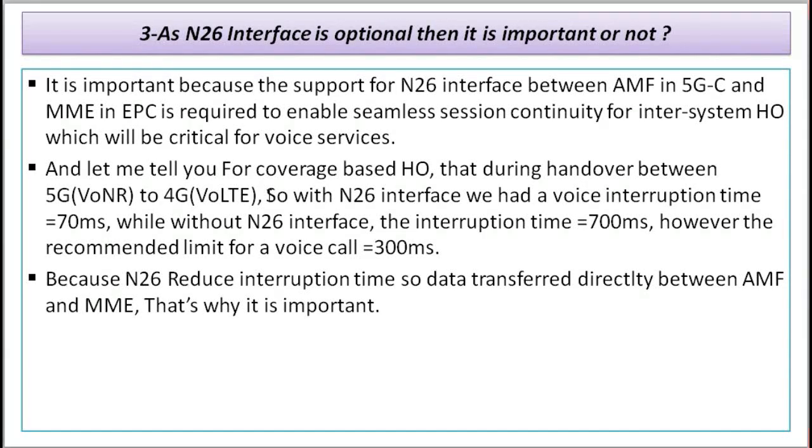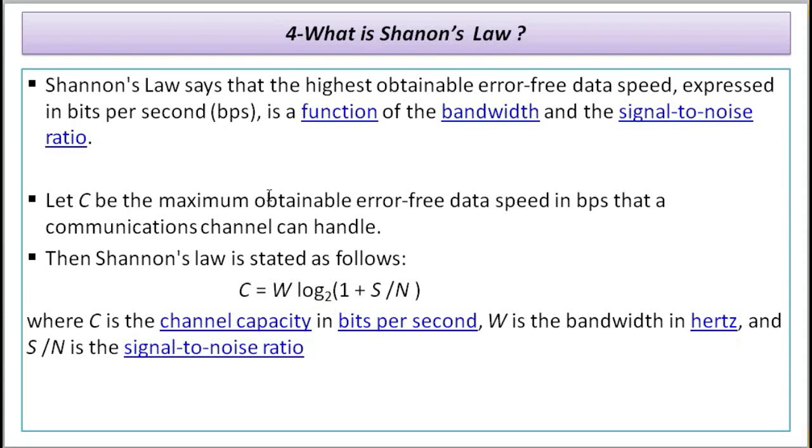Next question is, what is Shannon law? As you all know, Shannon law says that the highest obtainable error-free data speed, expressed in bits per second, is a function of the bandwidth and the signal to interference ratio.